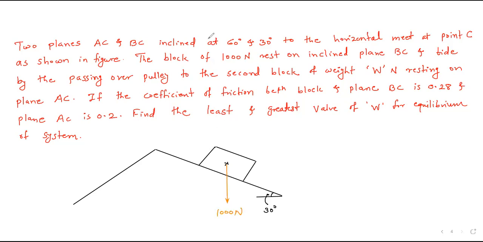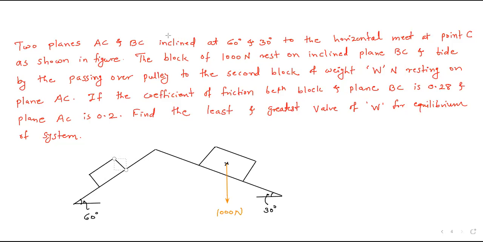Now here the second plane is inclined at an angle of 60 degree. One block is placed on this plane, and the weight of this block is W Newton.